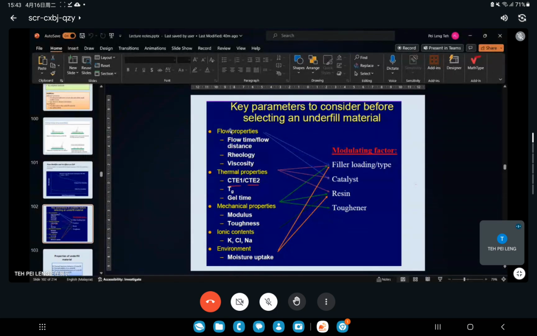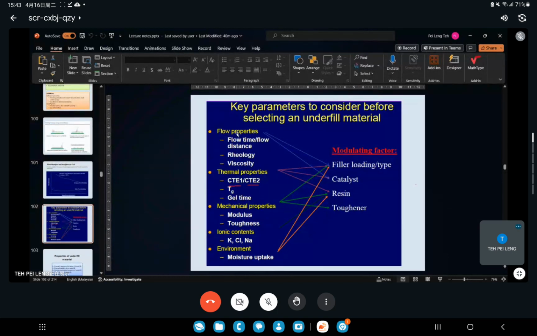If given, for example, chemical resistance, that one is also important, but it's not the top five. It's not the one you need to prioritize, for underfill only. So first, flow is very important.